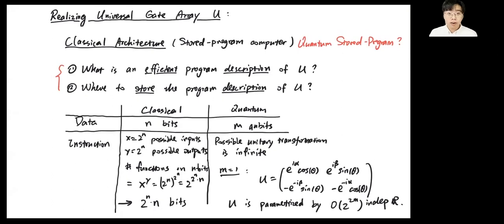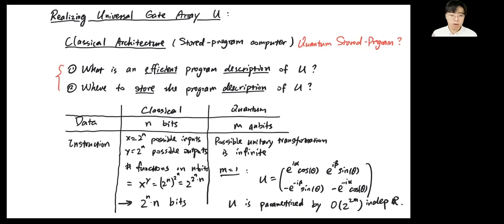Now I want to get back to our questions. Do we have an efficient program description of an arbitrary unitary transformation U, whether it's stored in bits or in qubits? Well, fortunately, the answer is yes for both cases, with some subtleties.